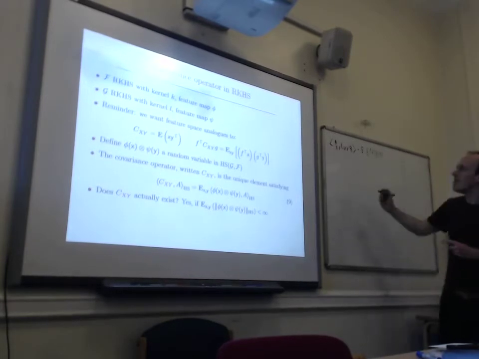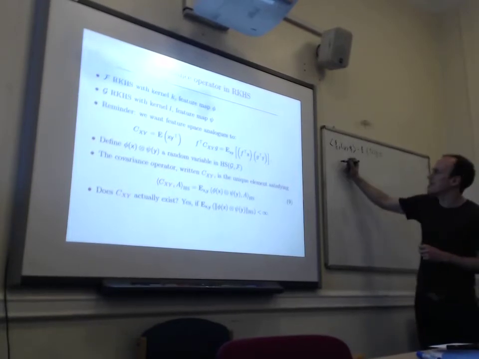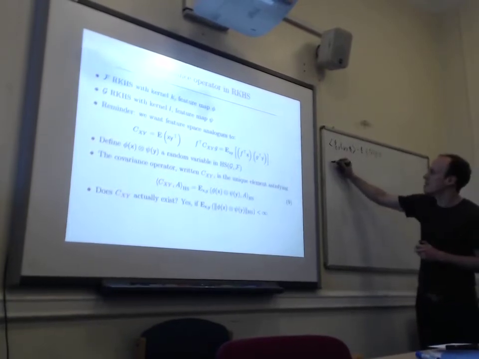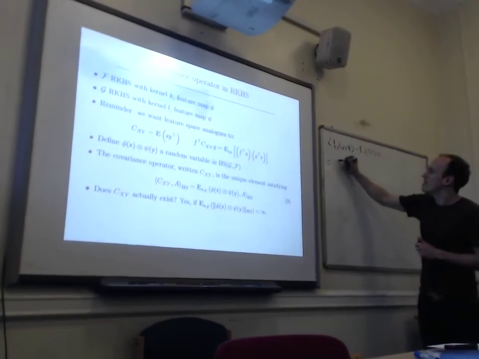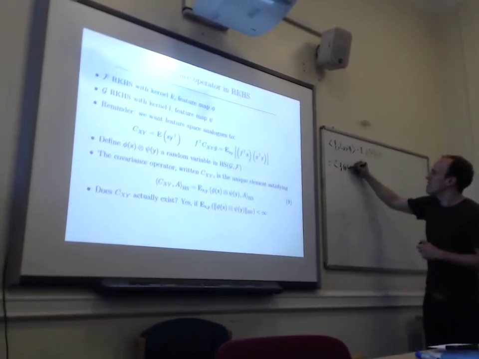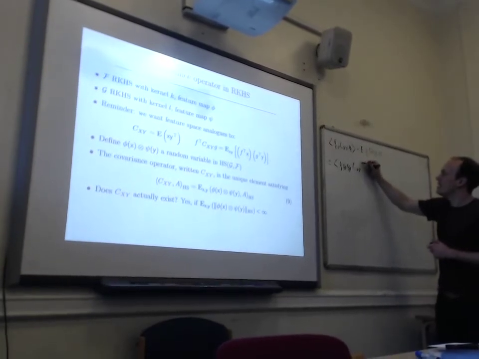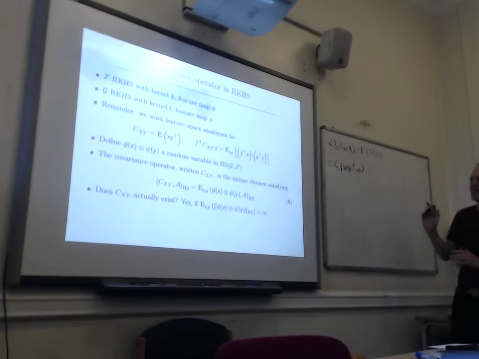Okay. So what's this? Well, a couple of slides ago we showed that this is equal to the tensor product of f cross g and Cxy. That's the thing we did that very laborious proof of.